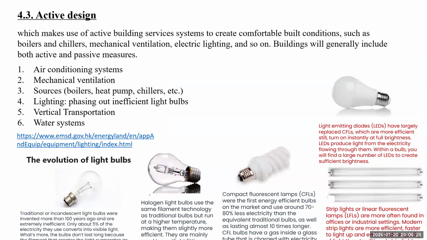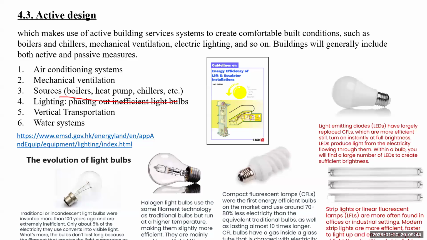Also, active design includes not only air conditioning and mechanical ventilation. We talk about the energy efficiency sources, and also lighting, vertical transport and water systems. Lighting also contributes, I remember, around 7% of energy use. So now we also have the evolution of light bulbs.